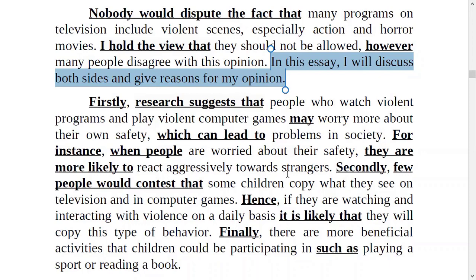Secondly, few people would consent that some children copy what they see on television and in computer games. Hence, if they are watching and interacting with violence on a daily basis, it is likely that they will copy this type of behavior. Finally, there are more beneficial activities that children would be participating in, such as playing a sport or reading a book.